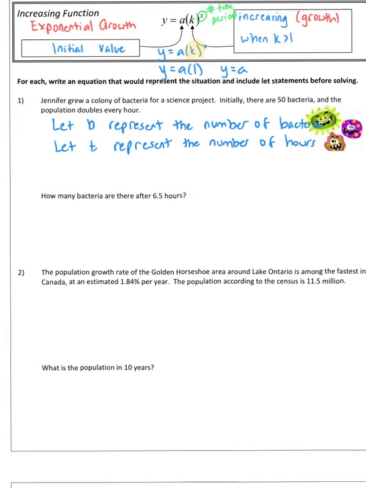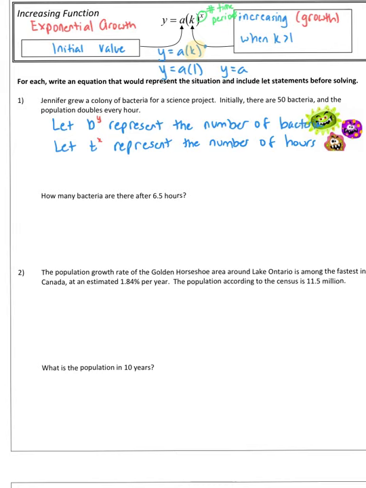Because the number of bacteria depends on the number of hours, your y always depends on your x. So B depends on T, and what we say is that x is your independent variable, so T is our independent variable, and y is the dependent variable, or B here. So I just made a little note of what I'm using for x and y.